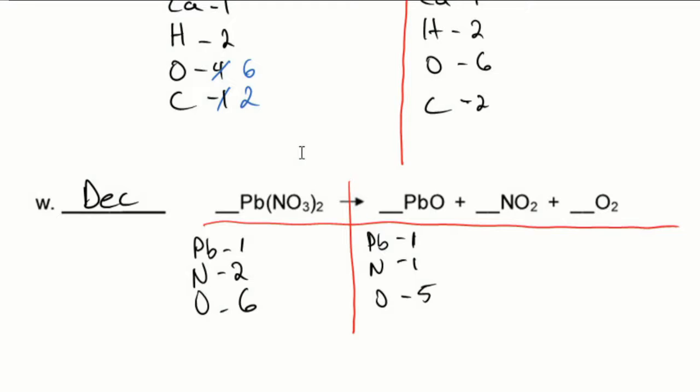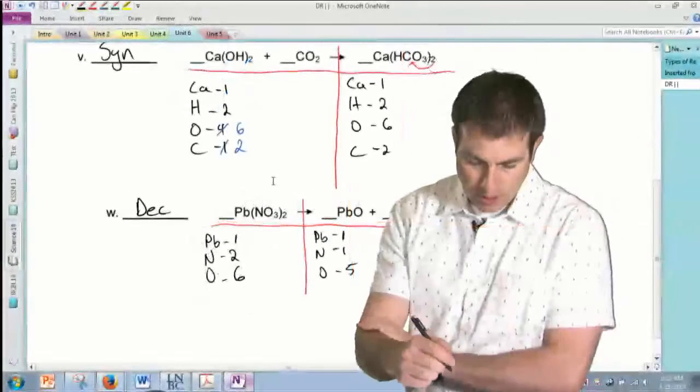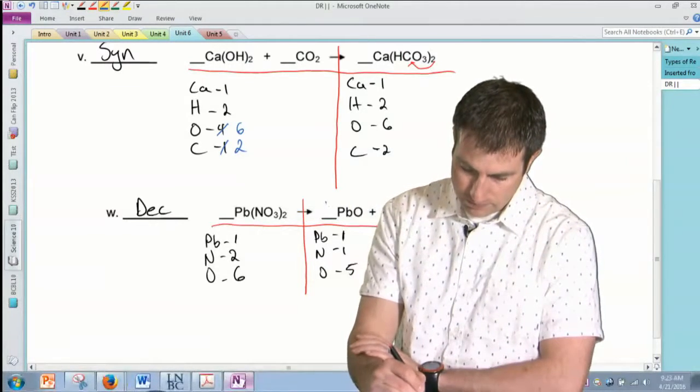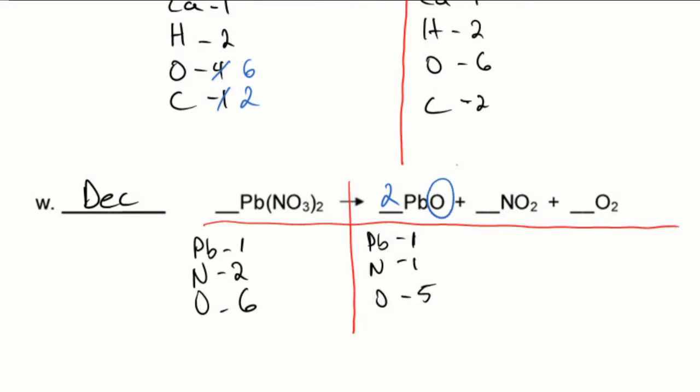So the first thing I see is my nitrogens need to be balanced. What I'm going to do right off the bat may seem really strange, but I'm going to put a 2 here to make this oxygen into an even oxygen.